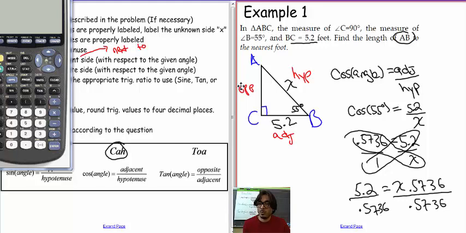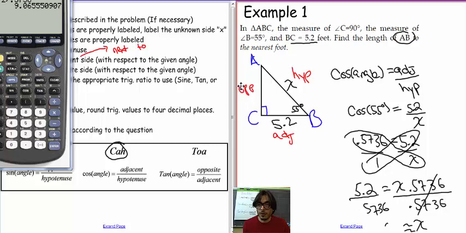These will cancel out, and I'm going to be left with x over here, and I get x equals 5.2 divided by 0.5736. So x is approximately, and I'm just going to truncate this, 9.065.